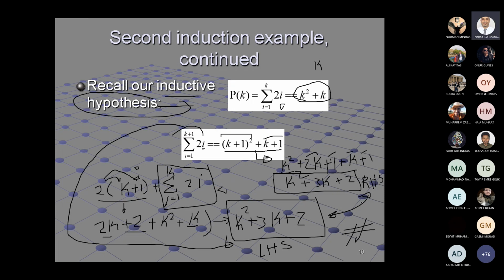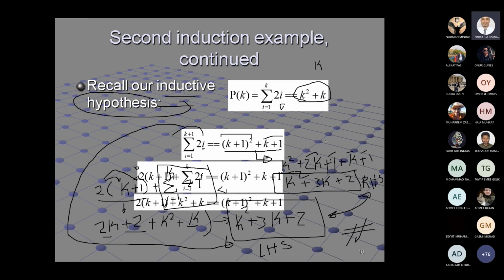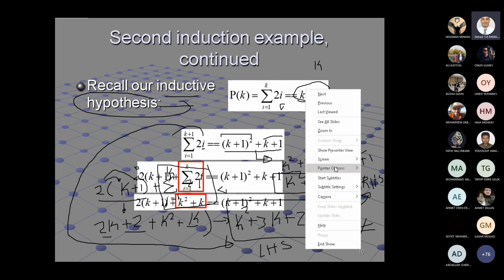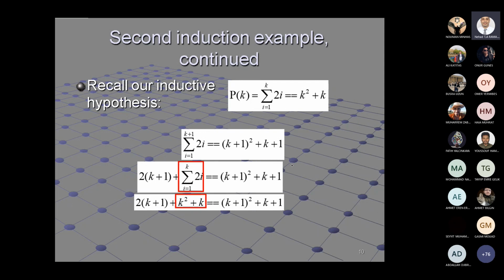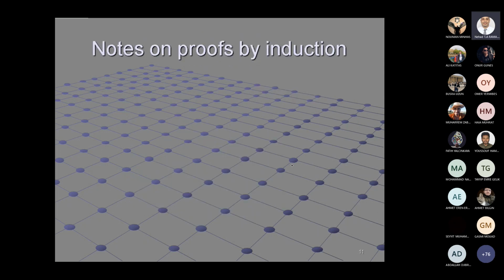So we have the base case, we have the assumption for the inductive hypothesis, then we prove the inductive step using this hypothesis. Then we proved the original statement. These are the steps that I showed to you.